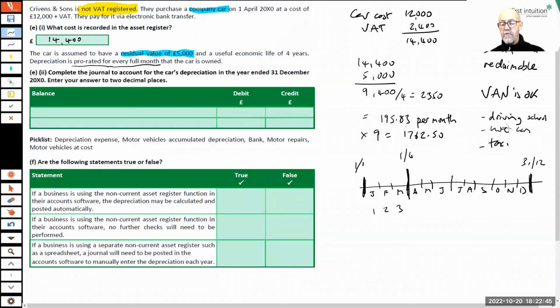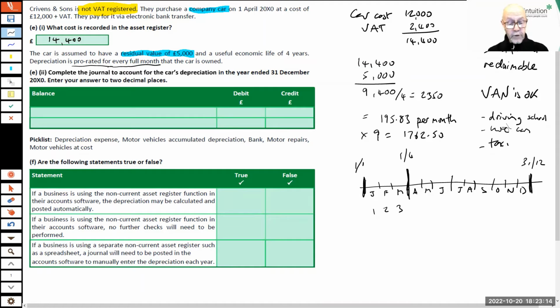Now, I didn't round that 19195.83 recurring. I didn't round in my calculator. I left it as 0.833333, and that's why I've got the full 50 pence. So another tip is, try and structure your workings in a way where you leave figures unrounded in your calculator until you finish with them, and only round your very final answer if need be.